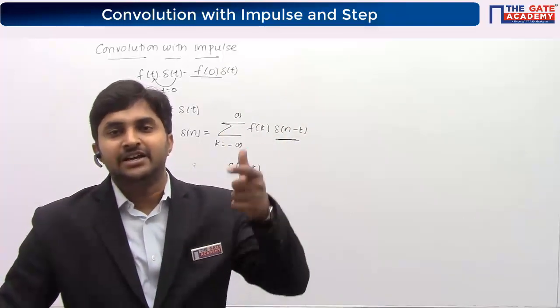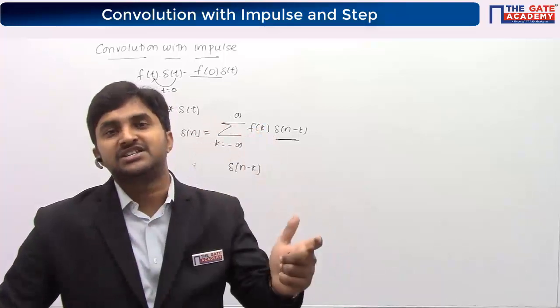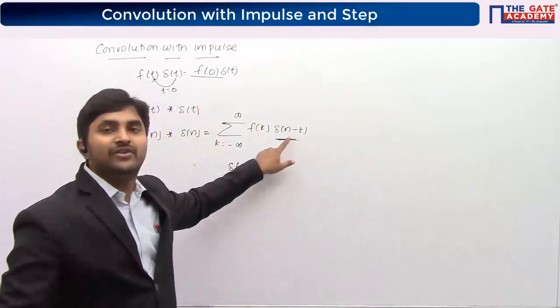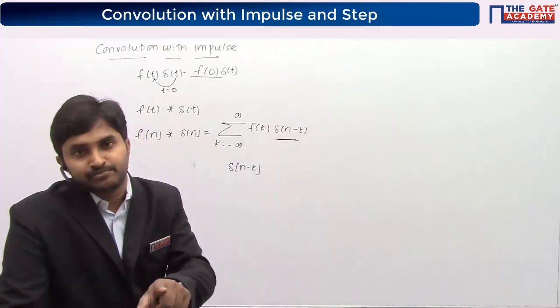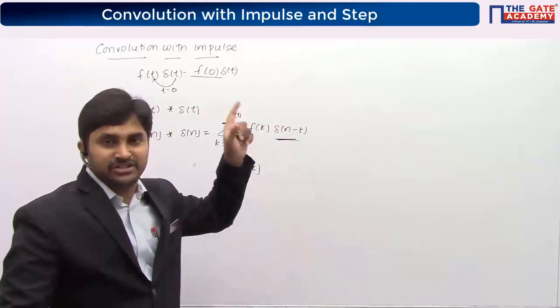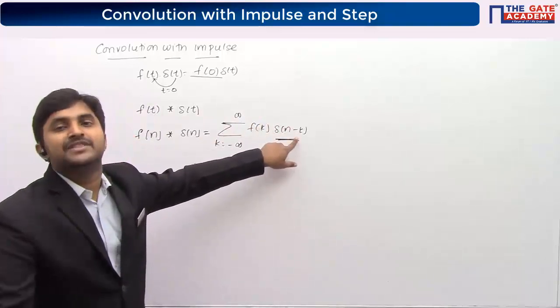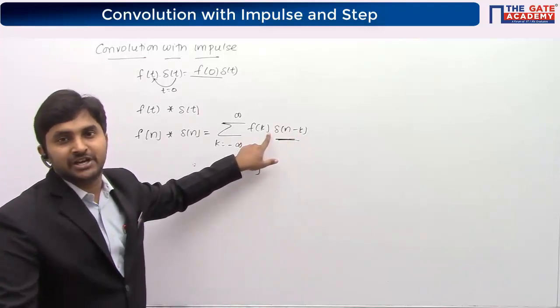Second, h(k) became h(minus k), the time reversal. Third, we did the shifting. When you are doing the shifting, this n comes into the picture. So n is nothing but the shifting parameter. Overall, inside the summation, k is the independent variable.